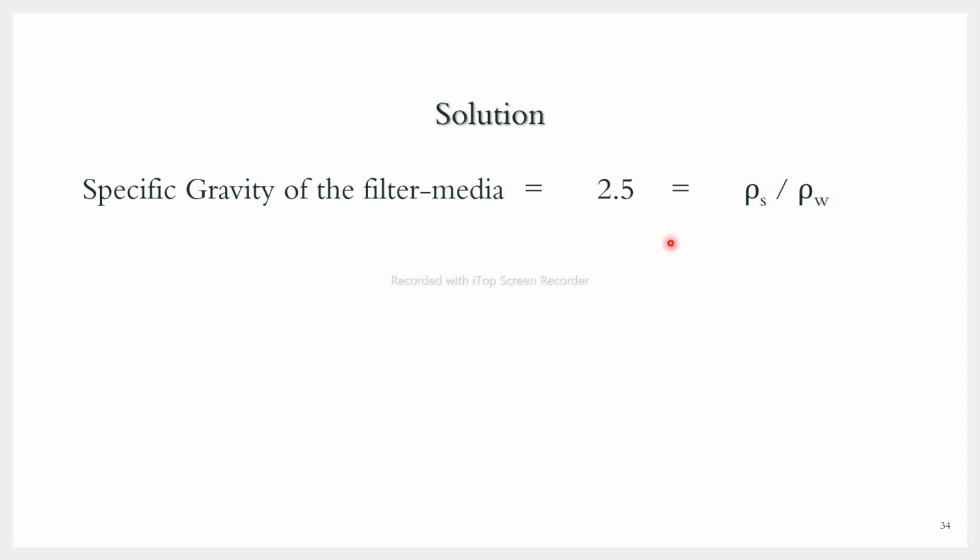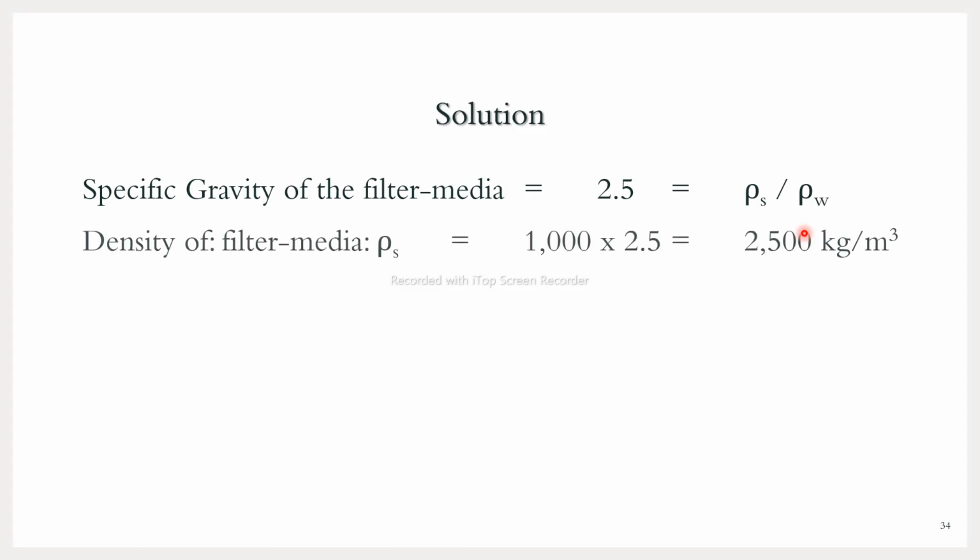It is the ratio of the density of any solid compared to water. So it basically determines how much heavier the material is than water. That is why there is a comparison between the two, and it is called the specific gravity.